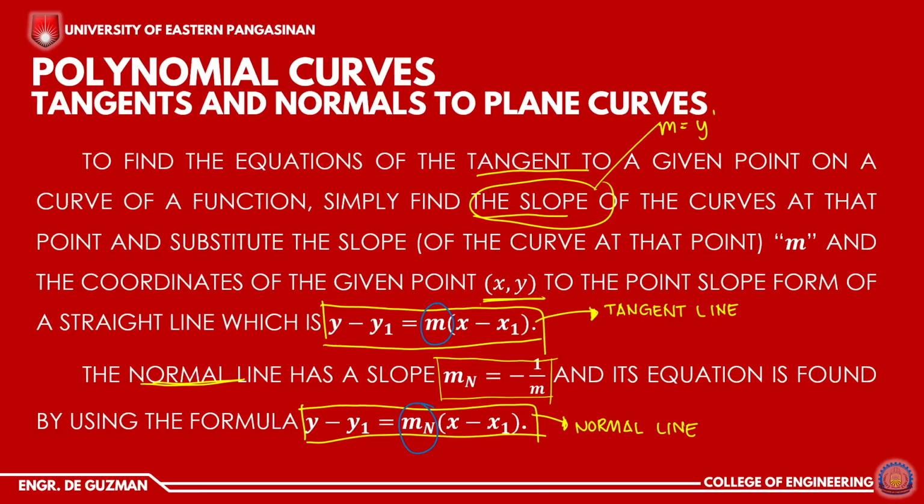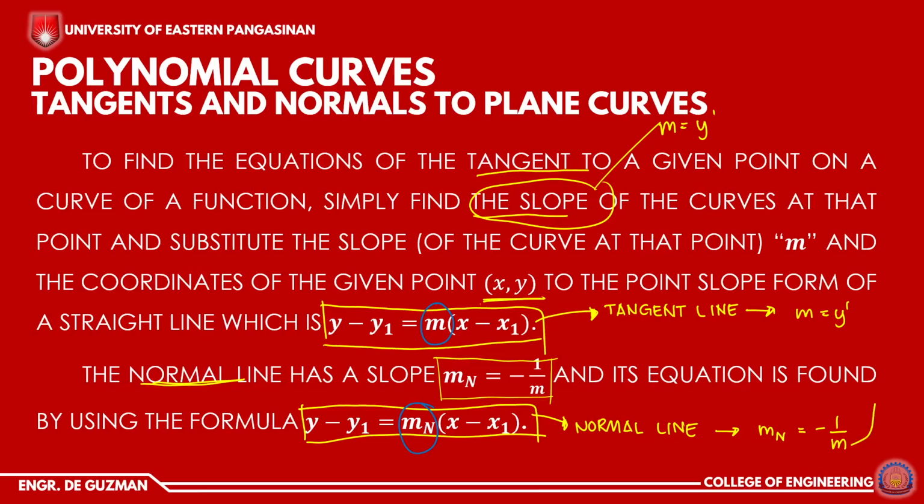So, sa tangent line, ang gagamitin nating m. So, ang m natin dito is the y prime. Diba? Sa normal line naman, ang slope na gagamitin natin is negative reciprocal ng slope of the tangent line.